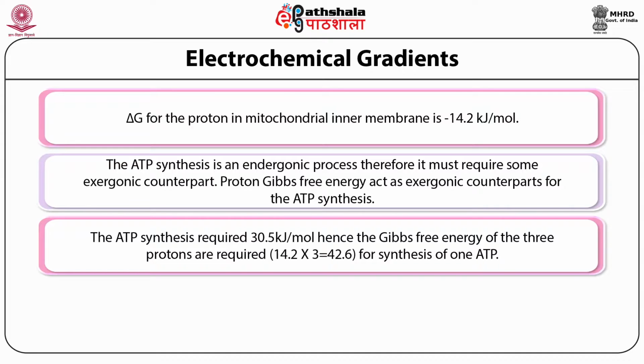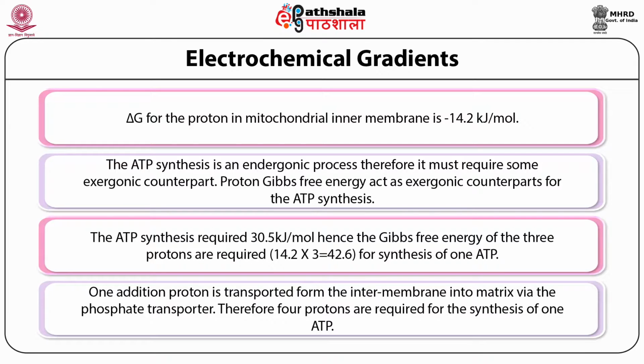In this way, if you calculate the delta G required for ATP synthesis and the delta G available with the proton, then you can say that 3 protons are required for synthesis of 1 ATP. It is also important to note that one additional proton is utilized by the phosphate transporter.